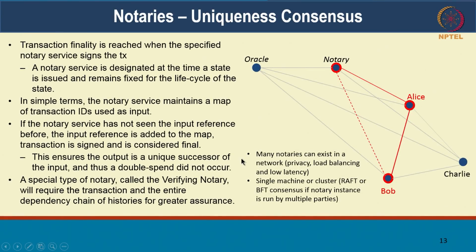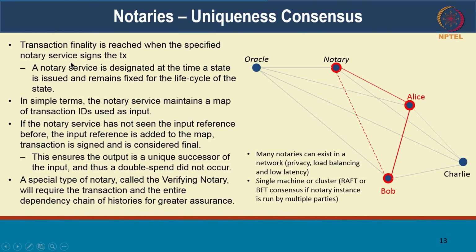So that was the validity consensus and how peers validate whether all the history of transactions is valid. Now, the uniqueness consensus is provided by a special entity called notaries. In some sense, notaries are similar to the ordering service in Fabric, but I'll highlight the difference as we talk through this.